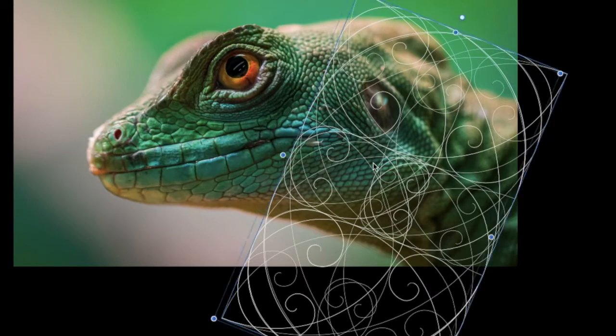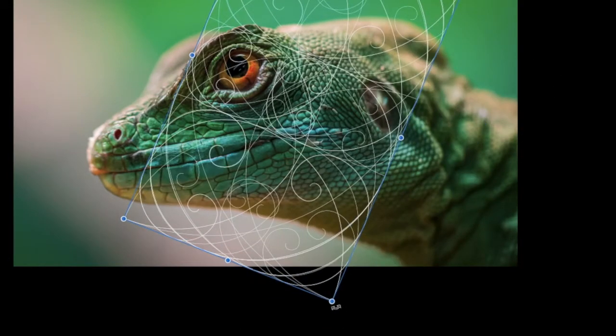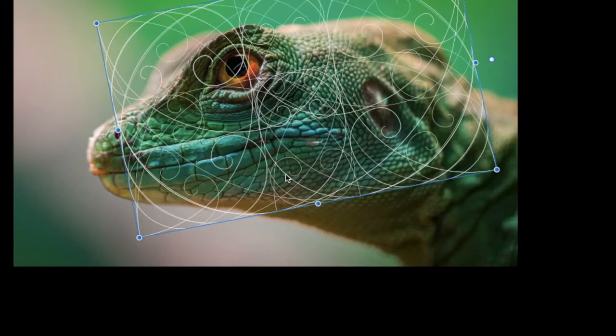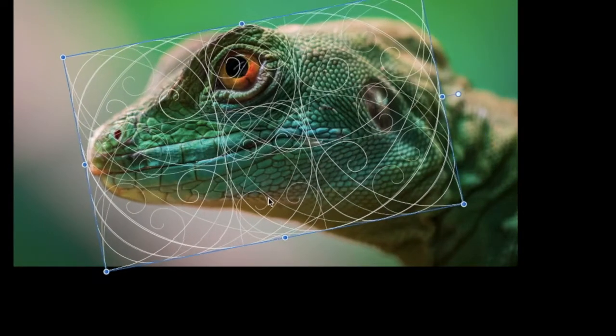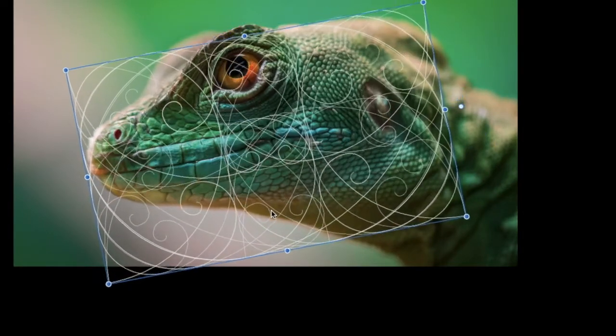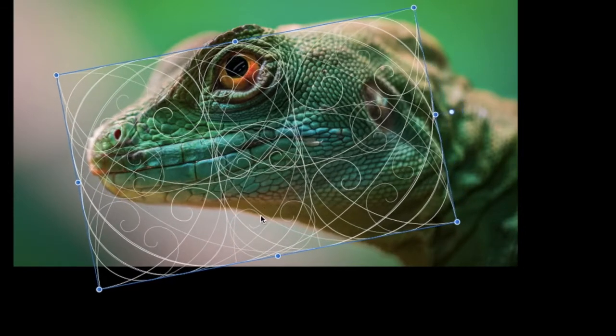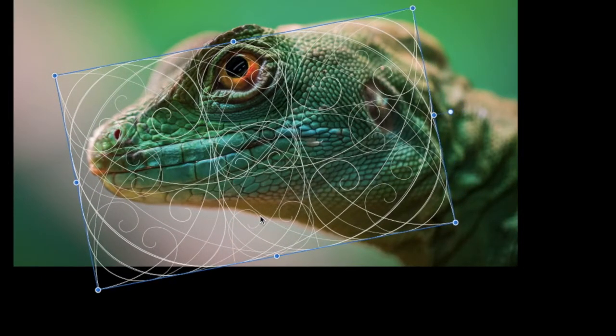Get rid of that one. And that's going to give us this. Yeah, which is getting to this one. So maybe that's the one. Fits the lips and the mouth there.